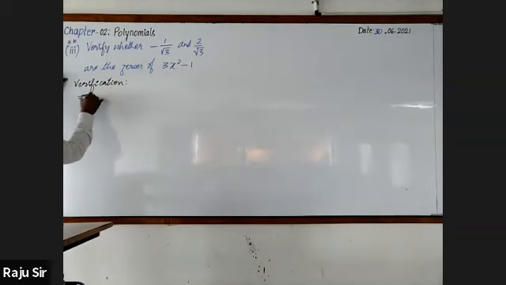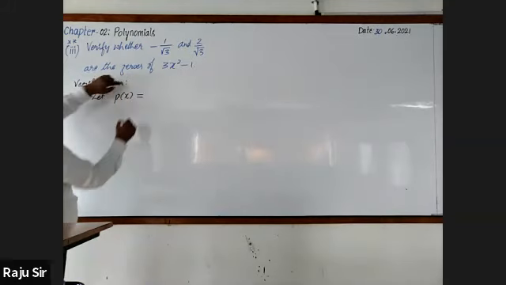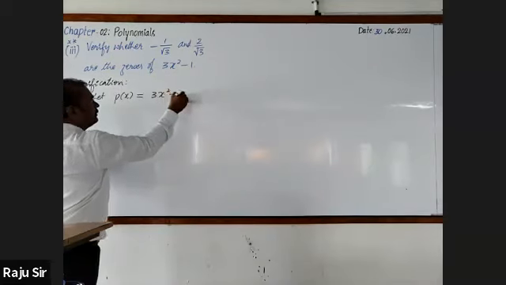Here is mine. Let us take the given polynomial as p of x. Let p of x is equal to 3x square minus 1.